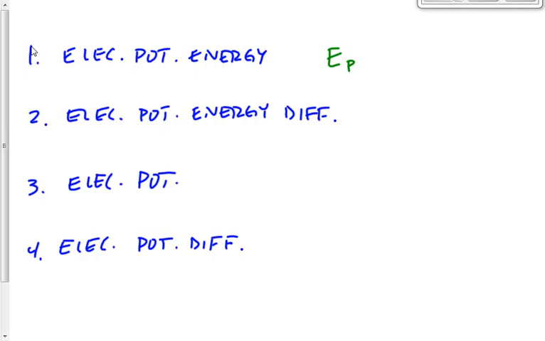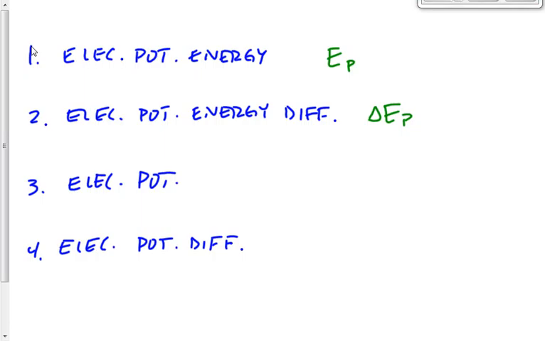So if you've got a final electric potential energy and initial potential energy, then all you're going to do is subtract them. What's the symbol for electric potential energy difference going to be? Yeah, good. Delta EP. Now another way we could phrase that instead of potential energy difference might be potential energy change, or potential energy gain, or potential energy loss. Okay, they all mean the same thing.